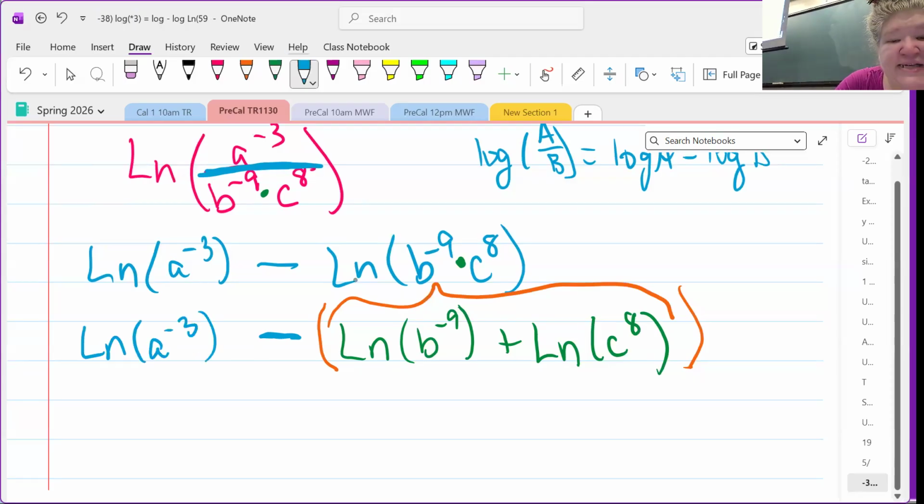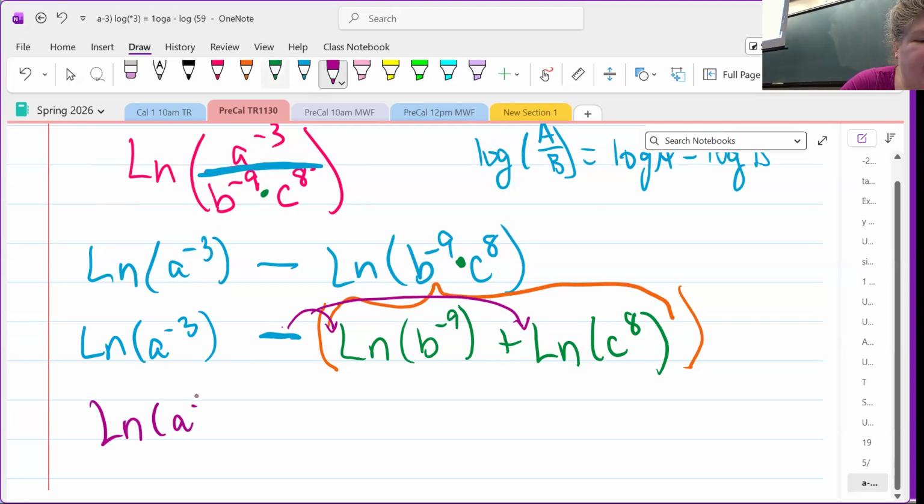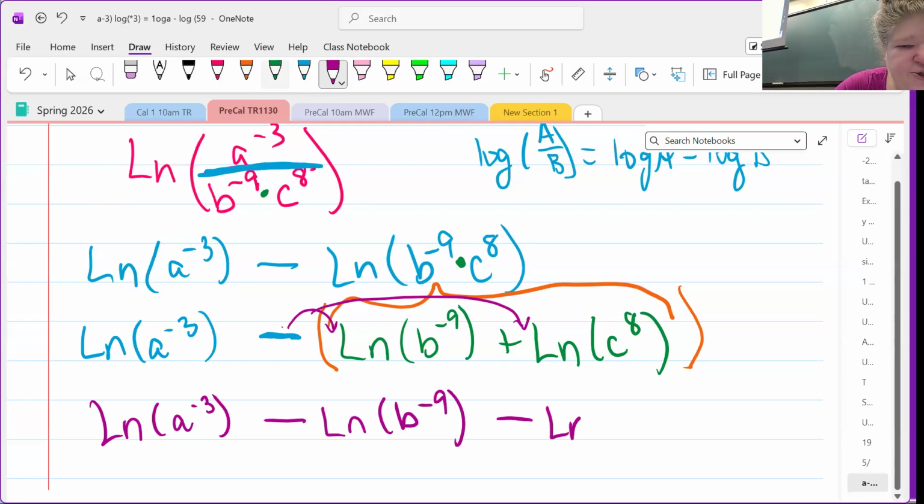That minus sign is actually going to get distributed through to both parts of this sum now. So I can write it as the natural log of a to the negative third minus the natural log of b to the negative ninth minus the natural log of c to the eighth.